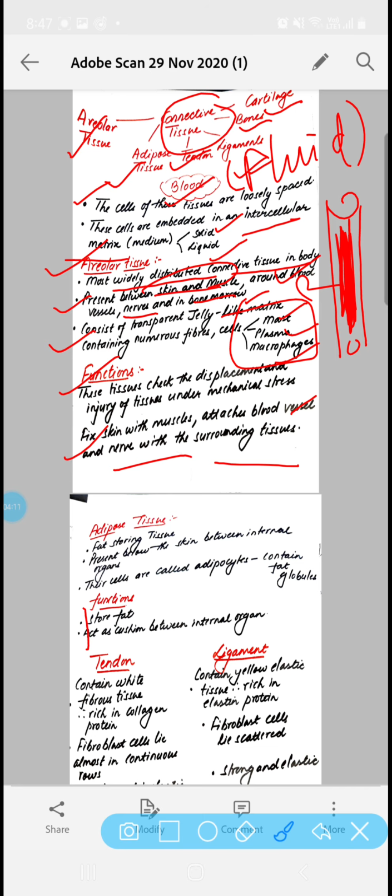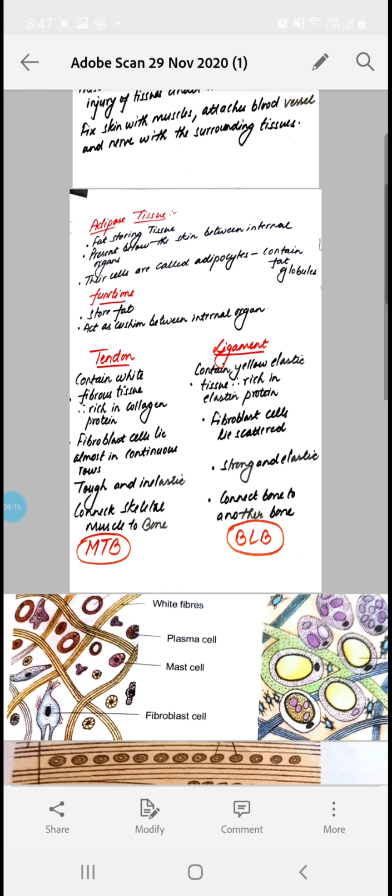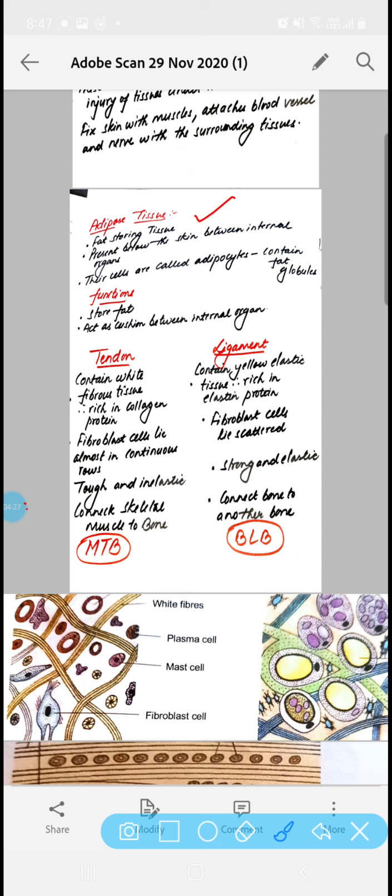Now we come to another kind of tissue which closely resembles the areolar tissue in some points. The first important point in adipose tissue is that it helps in storing fat. It is the characteristic feature of adipose tissue that it is related with fat storage.